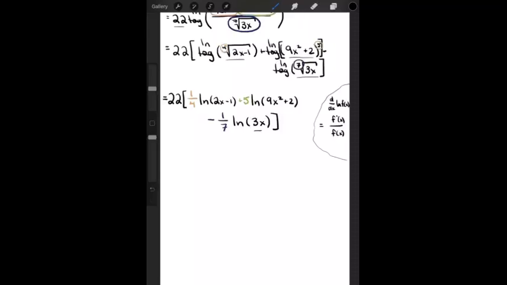But the other ones all have sums or differences in them, and we don't have a rule that tells us what to do with logarithms that have sums or differences on the inside. We only have log rules for powers, products, and quotients. So we have fully simplified, fully expanded this logarithmic equation.